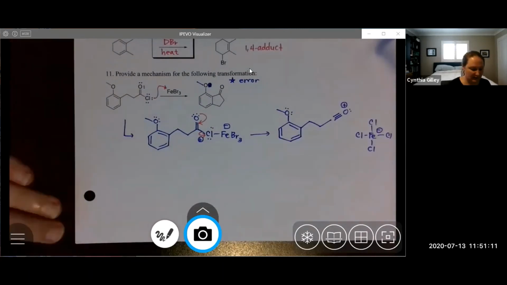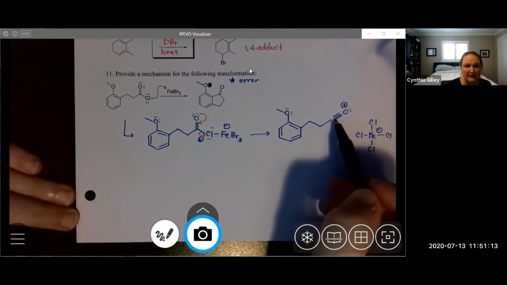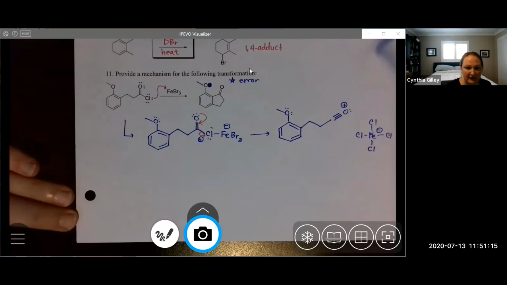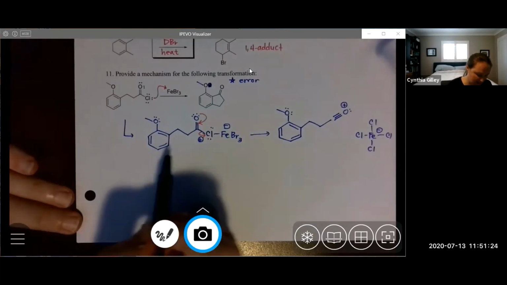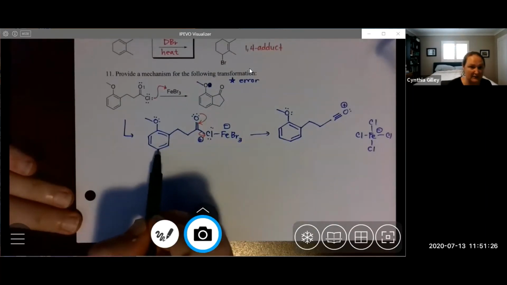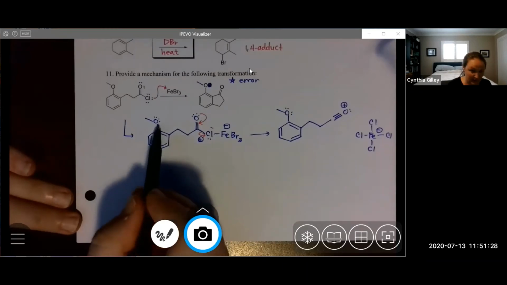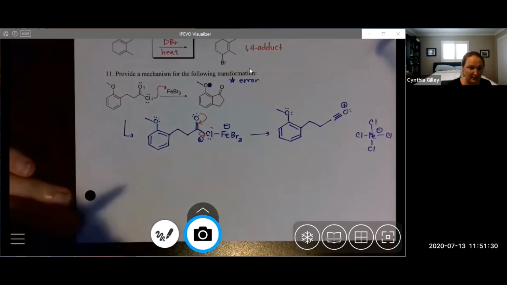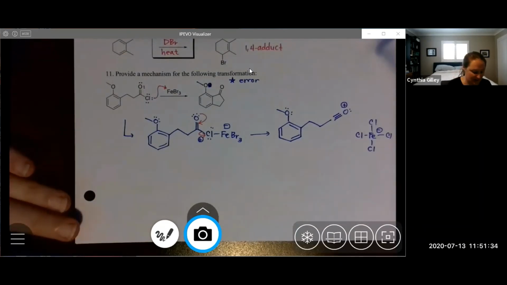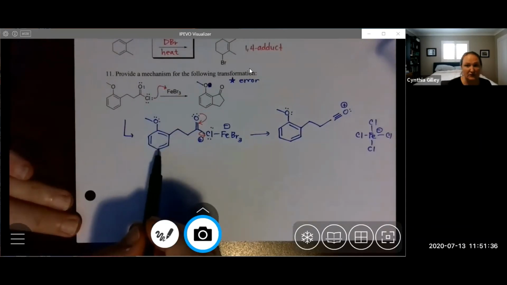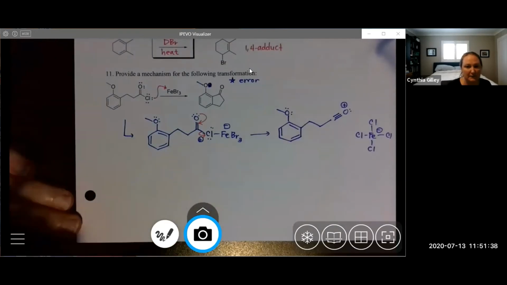This carbon, as part of the acylium ion, is highly electrophilic, so it can react. And this is a little bit strange. Notice how you would normally think it would be the para position to the activating group that would react. But because this is an intramolecular reaction, this carbon can't reach over that far.